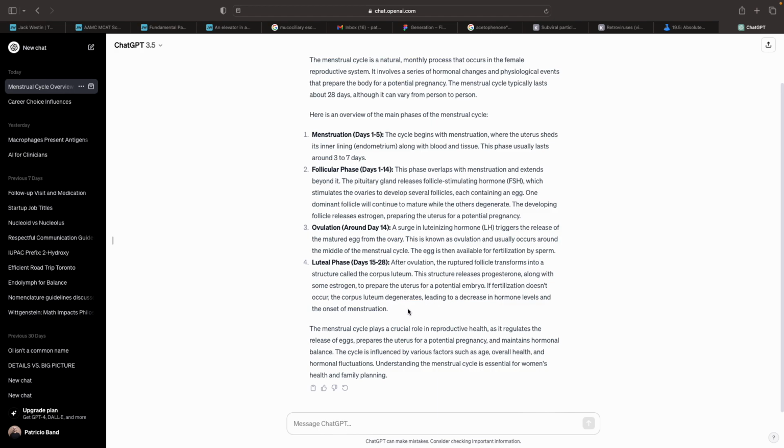If fertilization doesn't occur, the corpus luteum degenerates, leading to a decrease in hormone levels and the onset of menstruation. That is beautiful. The menstrual cycle plays a crucial role in the reproductive system: it regulates the release of eggs, prepares the uterus for a potential pregnancy, and maintains hormone levels. The cycle is influenced by various factors such as age, overall health, and hormonal fluctuations.